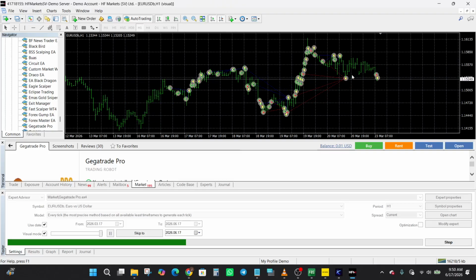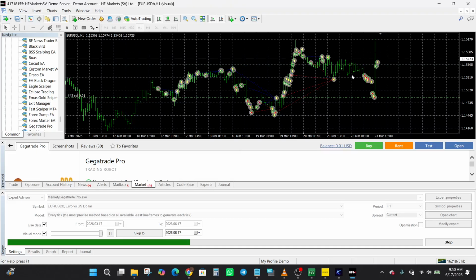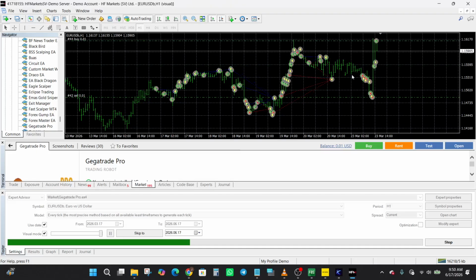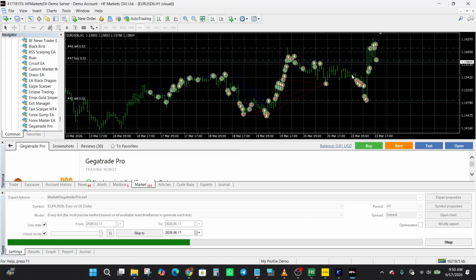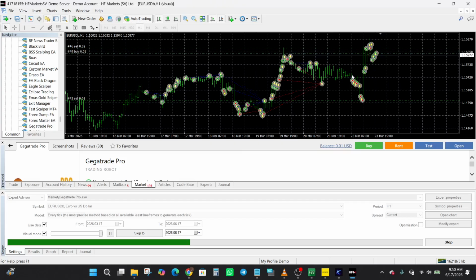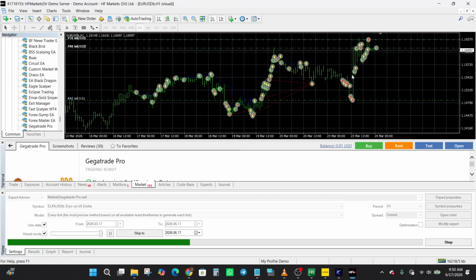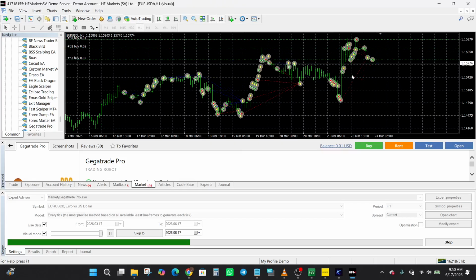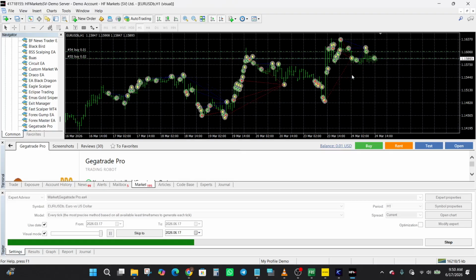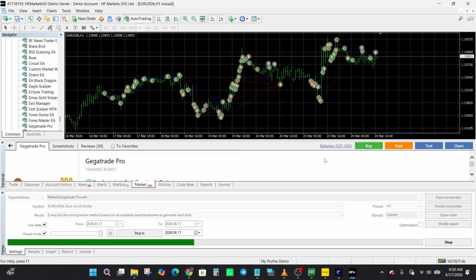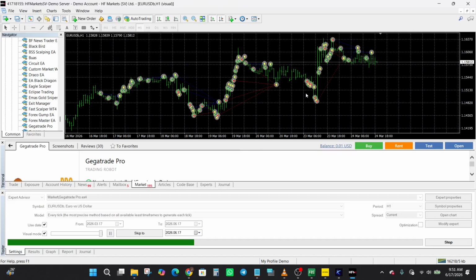Now, I'll still recommend running longer term testing yourself as well, so that you can get a more complete understanding of how the EA behaves across different volatility environments and market conditions. Okay. In terms of results, what we are looking at here are historical backtest results and performance behavior under past market conditions.